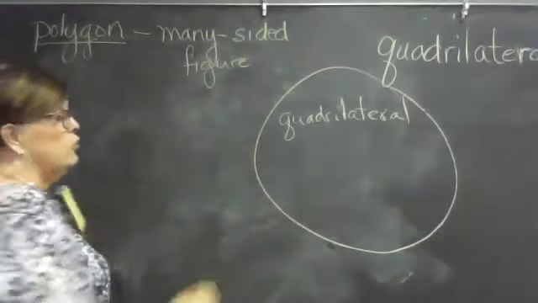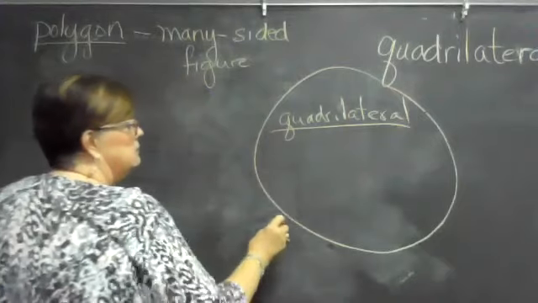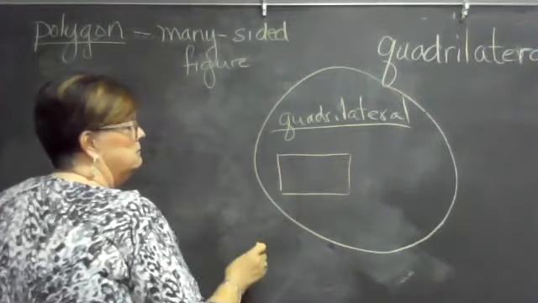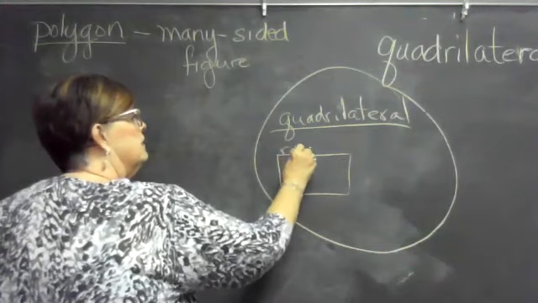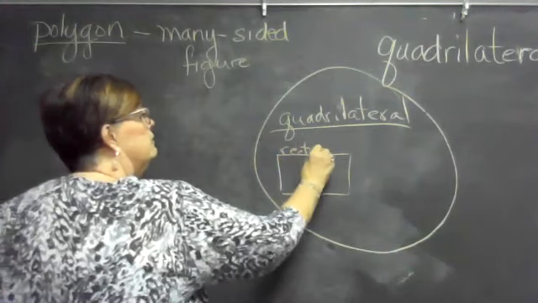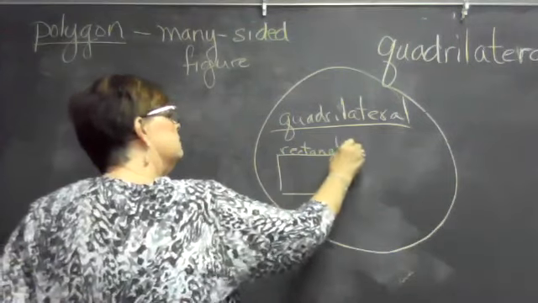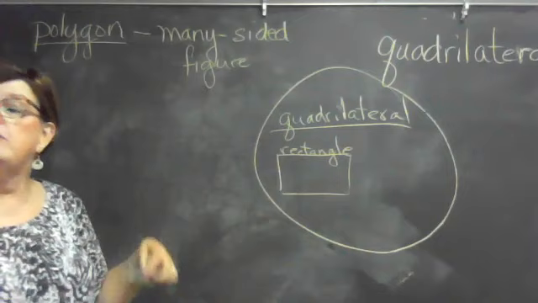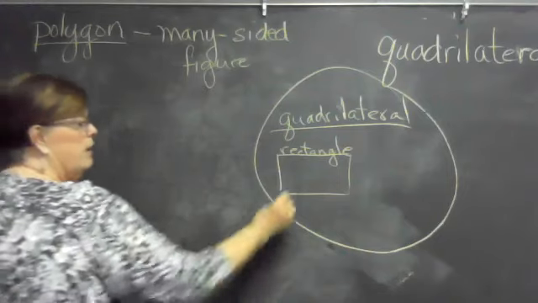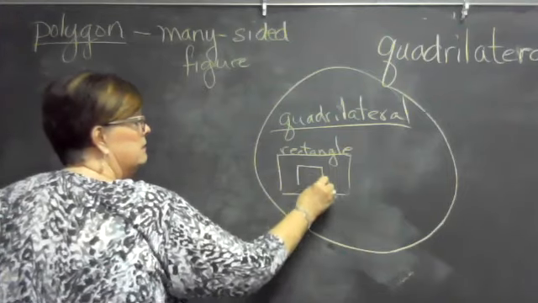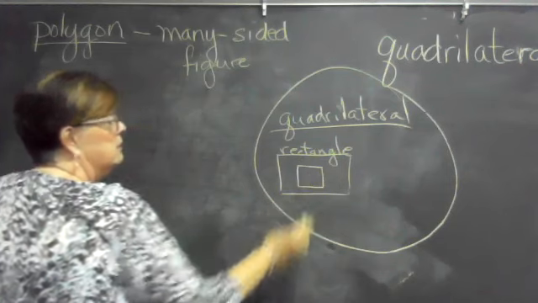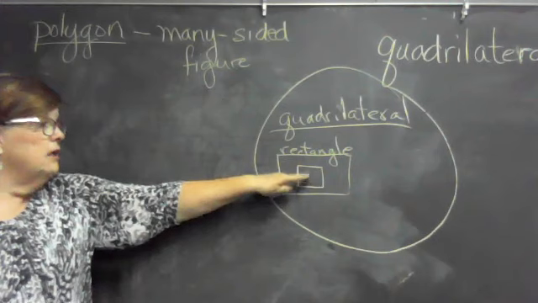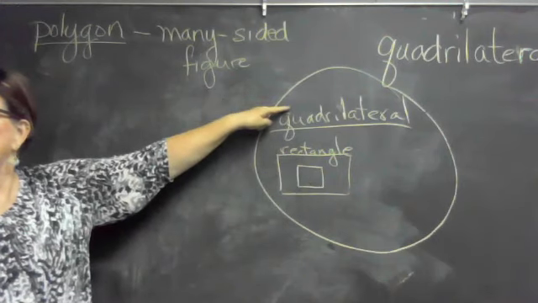But inside of a quadrilateral, you could have a rectangle. This is a rectangle. It's a special quadrilateral. And even more special than that is a square. Okay. So what I'm saying is a square is a rectangle and quadrilateral.